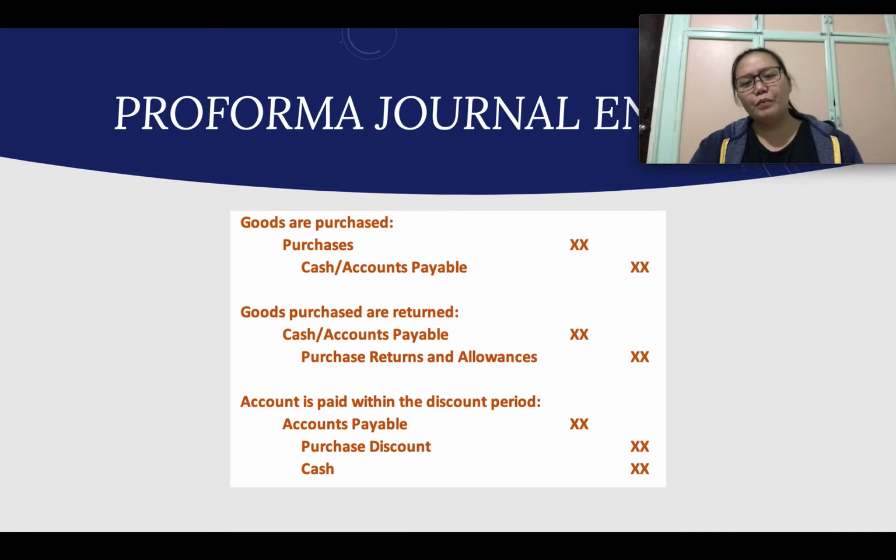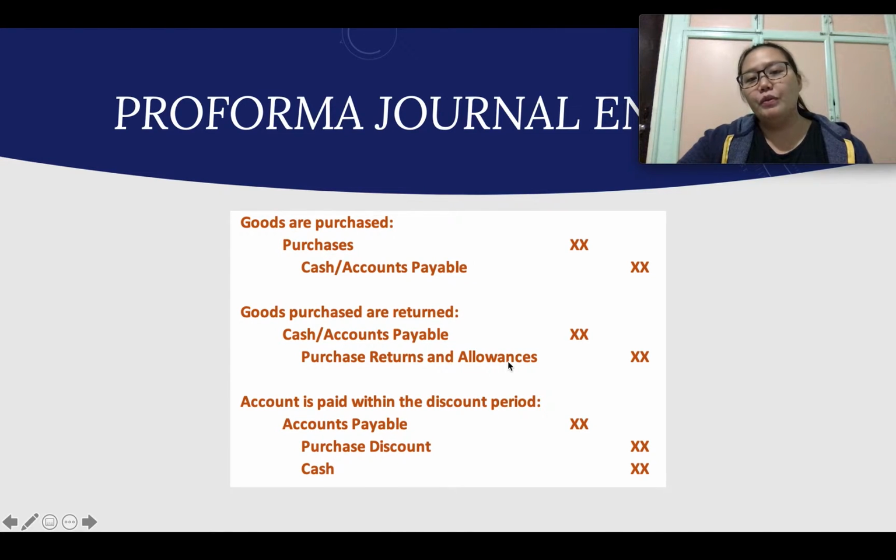So these are the pro forma journal entries under the periodic inventory system. Whenever goods are purchased, our entry is to debit purchases and to credit cash or accounts payable. Whenever goods purchased are returned, we debit cash or accounts payable and credit purchase returns and allowances.